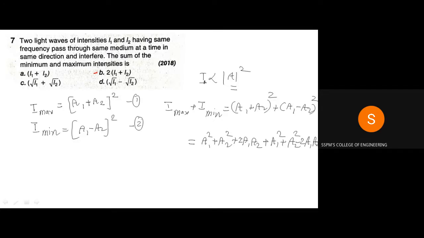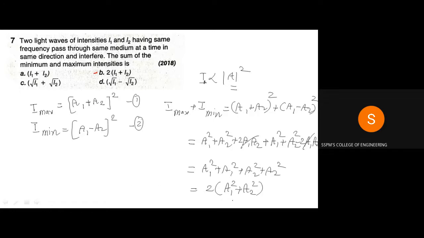Fine. So 2 A1 A2 cancels with this 2 A1 A2. So what is left here? A1 square plus A1 square plus A2 square plus A2 square. Okay? So that is equal to 2 into bracket A1 square plus A2 square.